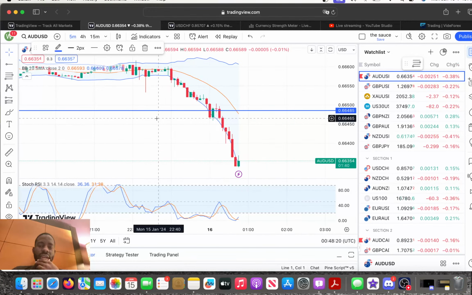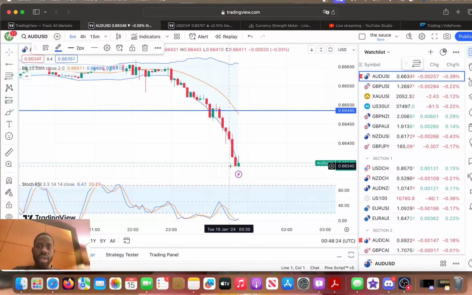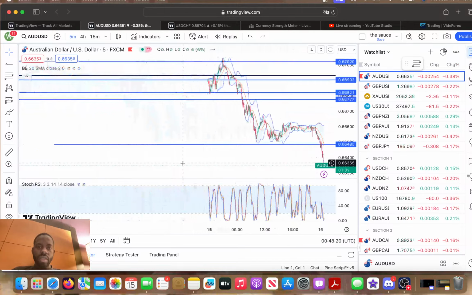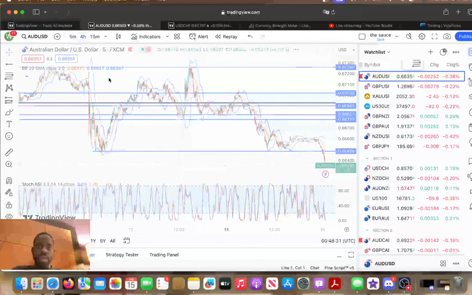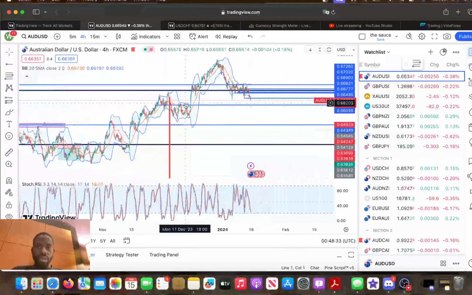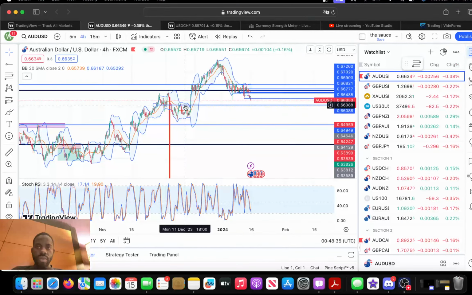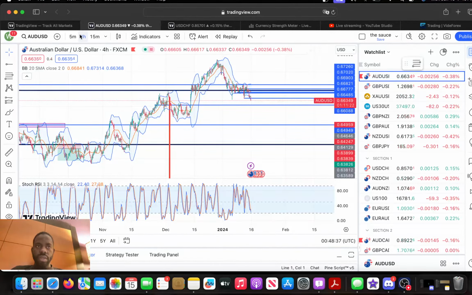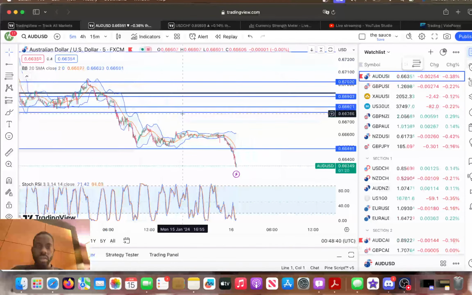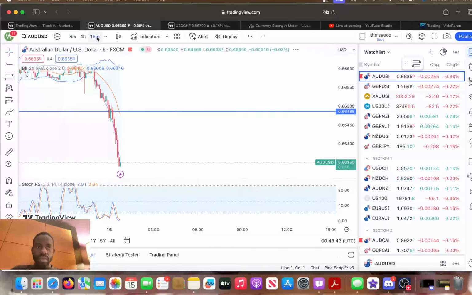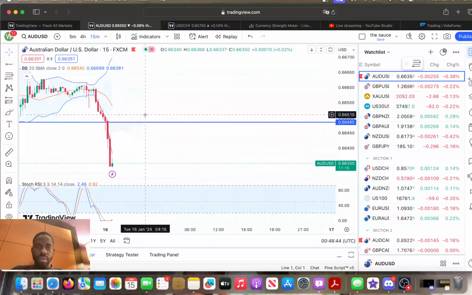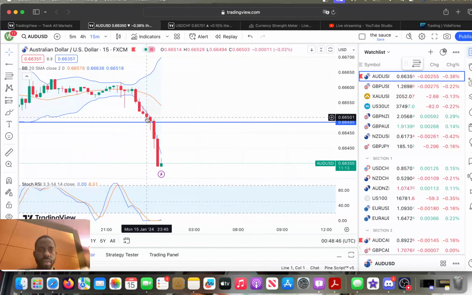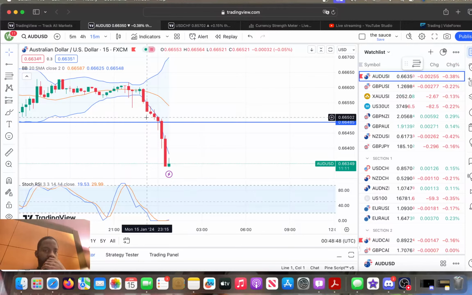I think it's going down. I think this was just a pullback. I really think it's going down, all the way down to the 100s. I don't think it's going up.